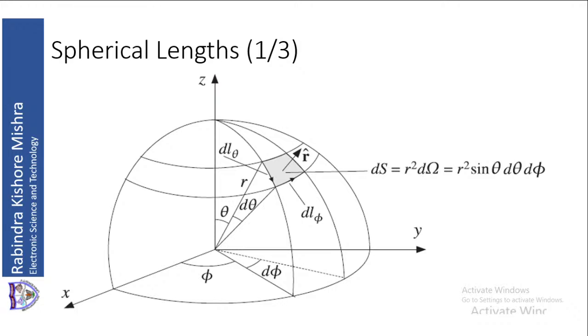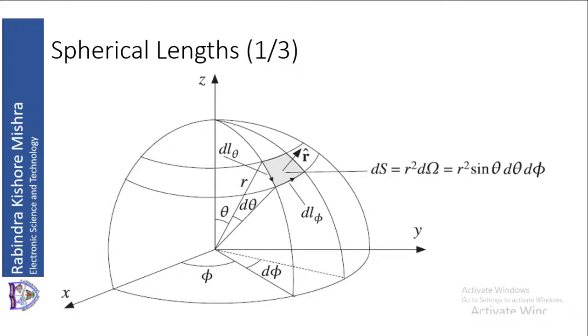So radial unit vector r cap will be completely determined by the polar and azimuth angle theta and phi. From this we can say that r cap ds, now this area ds will be r square d omega. This we have discussed earlier.